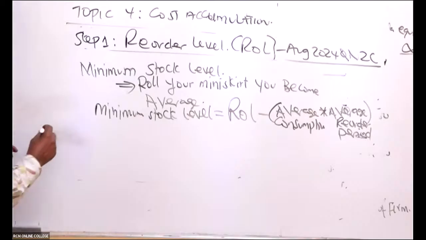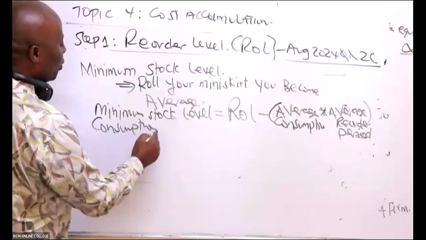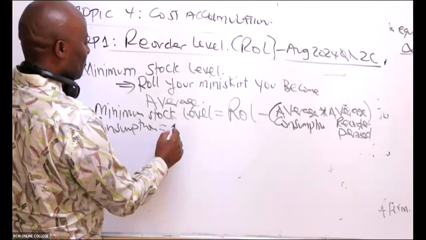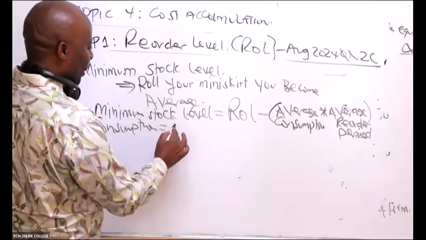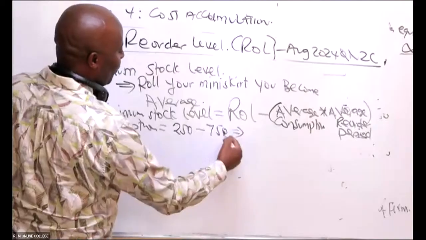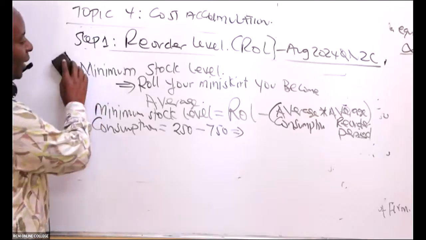So remember, you had given me the consumption. You had told me that consumption was 400. The lowest was 400, 250 to what, somebody? So are you able to give me the average consumption? You add that, then you divide by 2, isn't it?